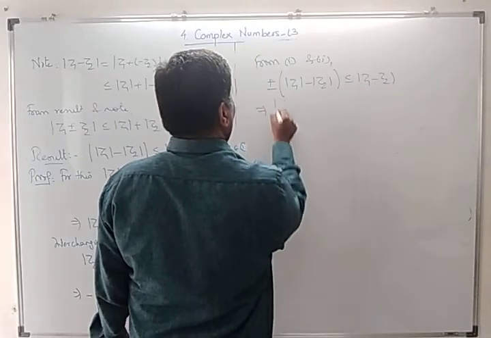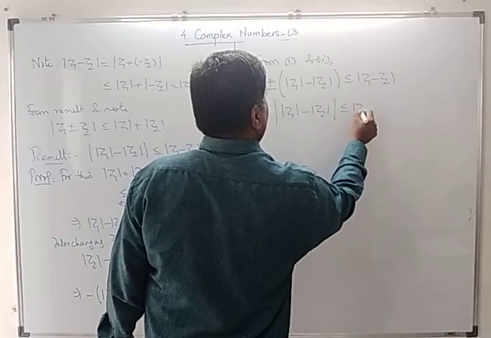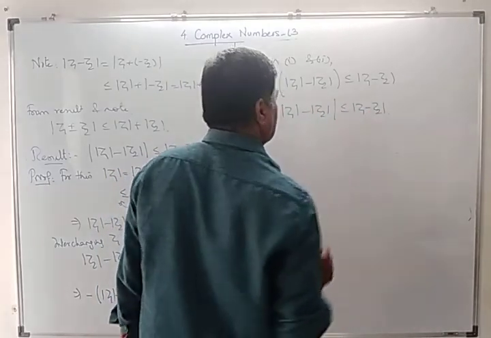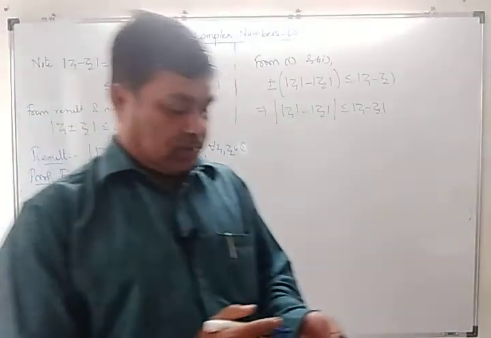This implies mod of (mod Z1 minus mod Z2) is less than or equal to mod of Z1 minus Z2. So this result is proved.